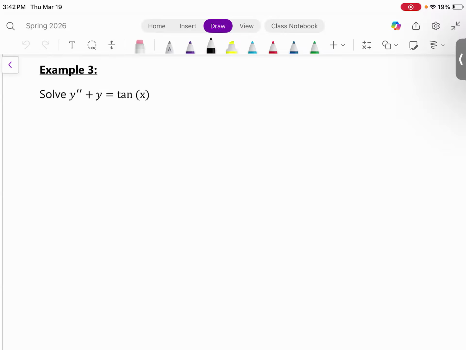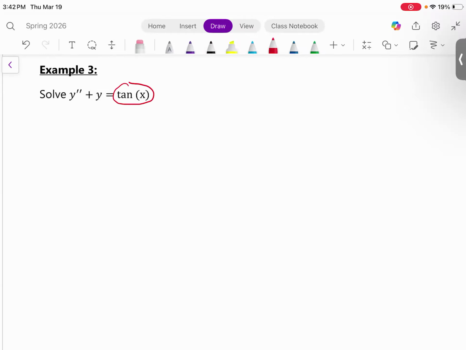In this video, we're going to take a look at another non-homogeneous differential equation where we would need to use variation of parameters. The reason we need variation of parameters is because of this tangent x right here.